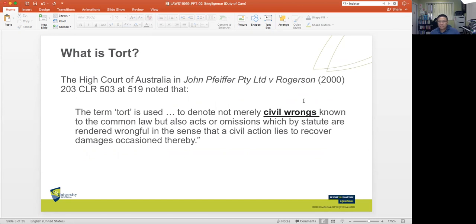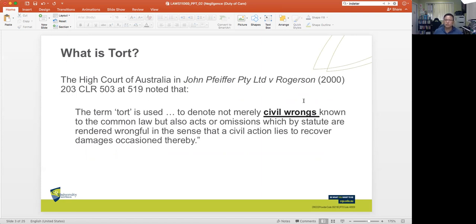So there can be a civil action on the basis of tort because an action or omission of an individual will often lead to harm or injury, and therefore the way by which society and the courts enable recovery for a plaintiff who has suffered damage and injury will be in the form of damages.